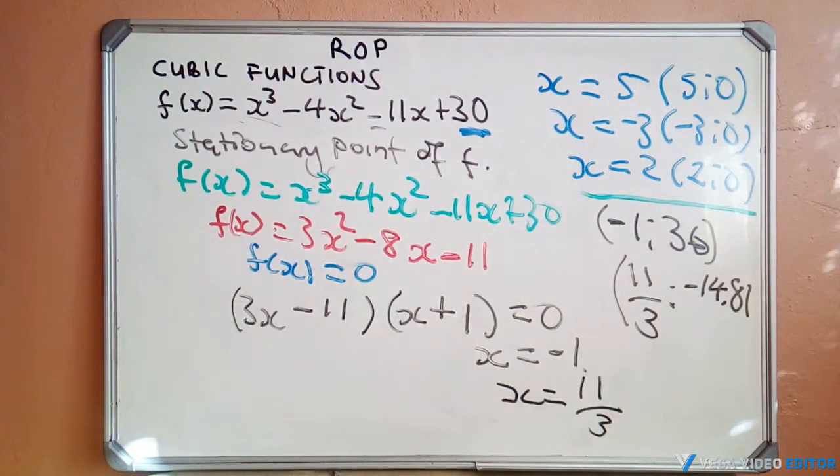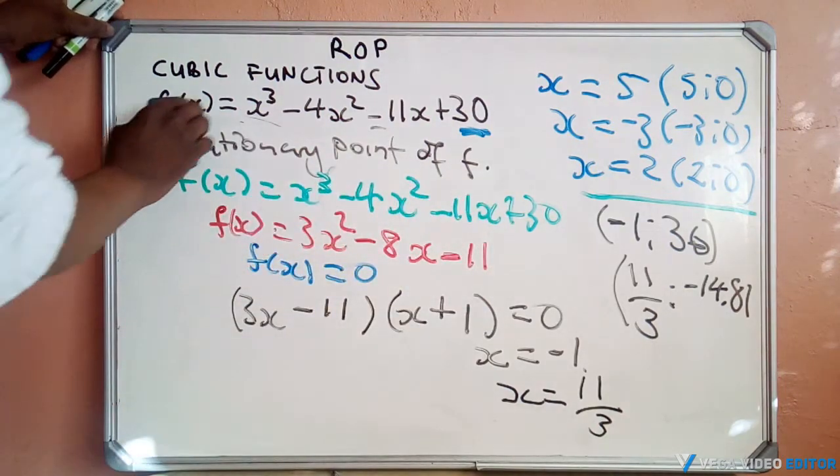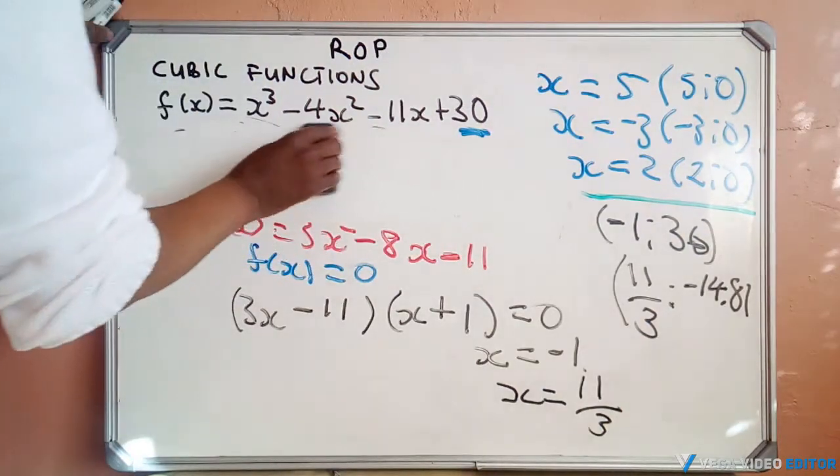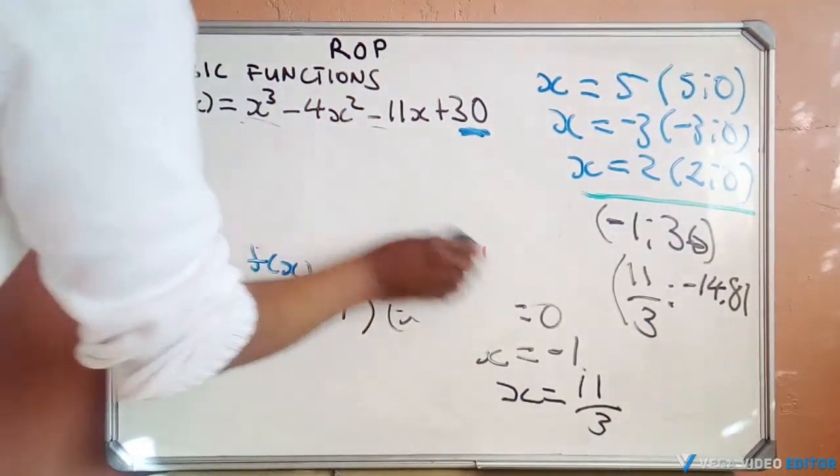All right, now that we have found our coordinates, we can go to the last step, which is sketching. Now we need to come up with a sketch for this function. Let us draw a sketch now.